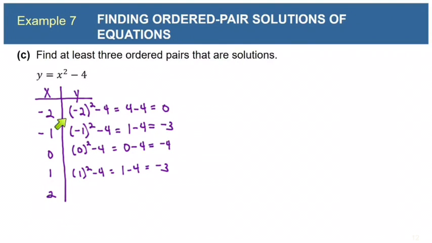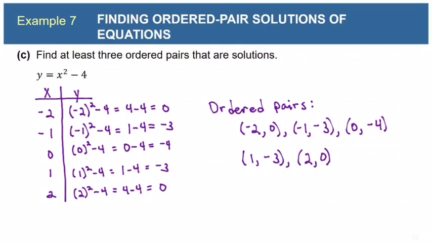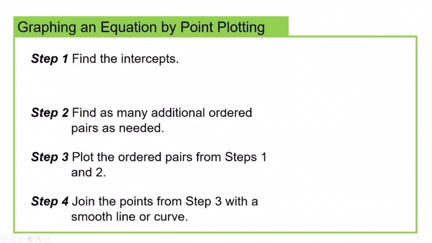And if we plug in 2, 2 squared is 4, and 4 minus 4 is 0 again. And so we have 5 ordered pairs for this one. We have (-2, 0), (-1, -3), (0, -4), (1, -3), and (2, 0).